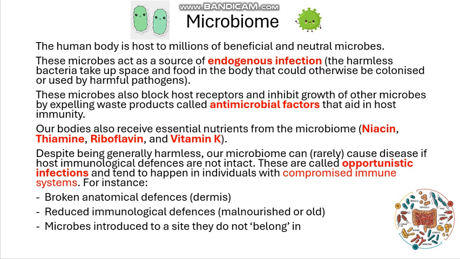So some things that can compromise our immune system: broken anatomical defenses like the skin, the dermis, reduced immunological defenses. So if people are malnourished or old and they're not producing as many T cells or B cells or leukocytes as they ought to be, or microbes introduced to a specific site in our body may originally come from a different site in our body, and when they move from one site to another, it can cause one of these opportunistic infections.